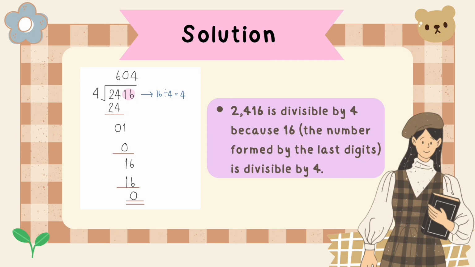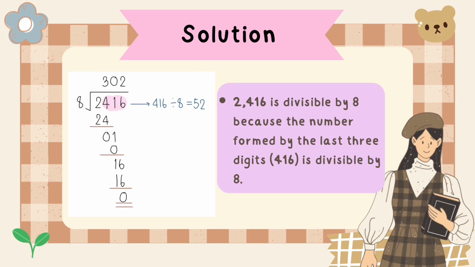Next, 2416 is divisible by 4 because 16, the number formed by the last two digits, is divisible by 4. Next, 2416 is divisible by 8 because the number formed by the last three digits, 416, is divisible by 8.